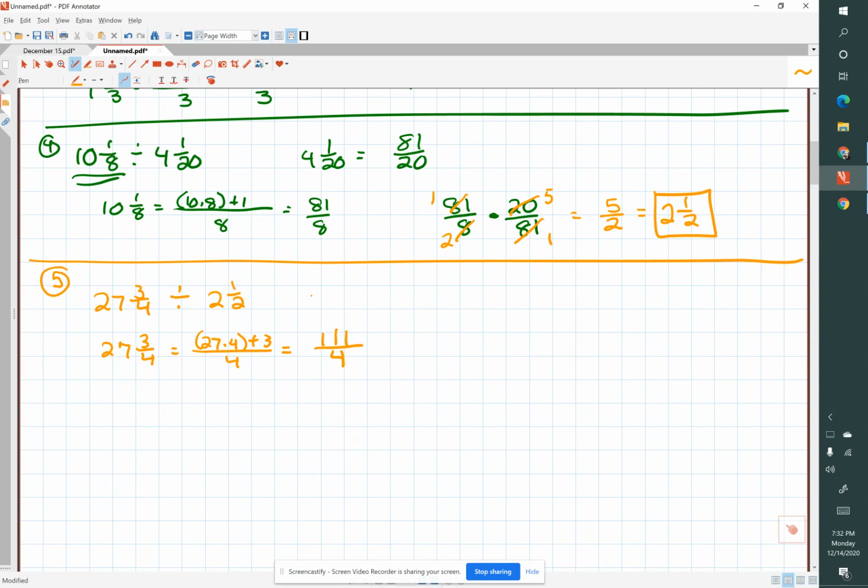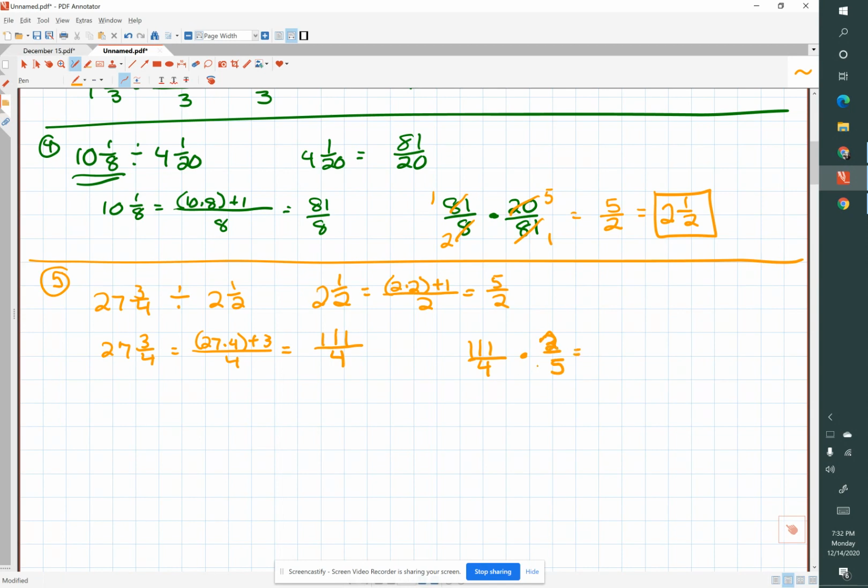And 2 and 1/2 is 2 times 2 plus 1, which is 4 plus 1, which is 5 over 2. So then we have 111 over 4 times 2 over 5.